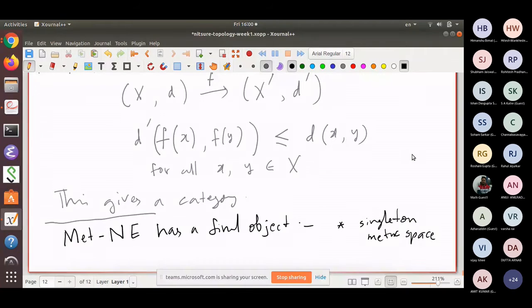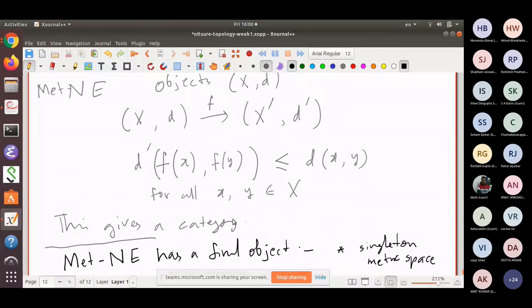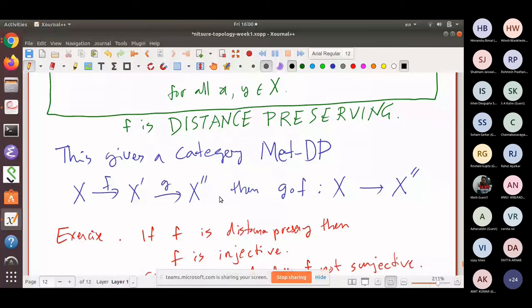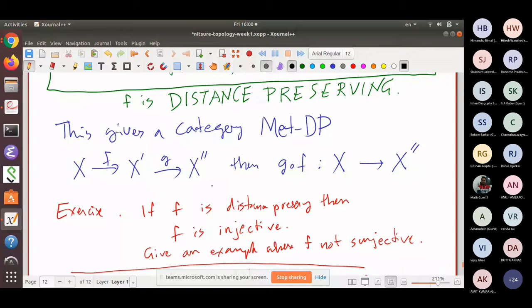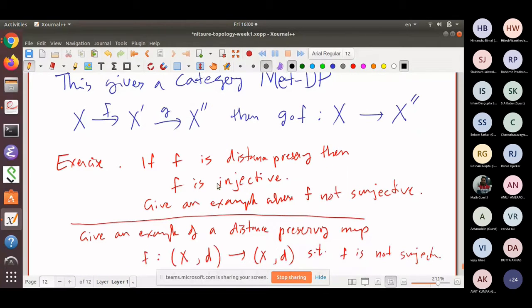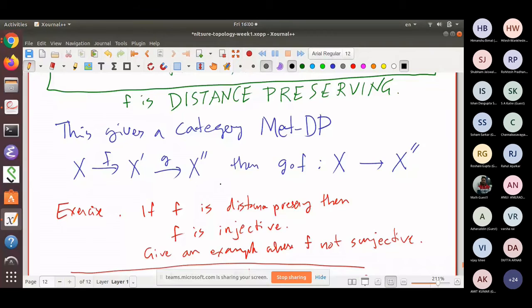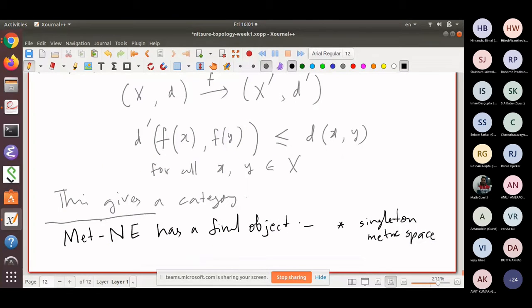Okay. So this has a final object, but this had an initial object. We'll make a table later. But Met, what was it called, DP, has an initial object but no final object.